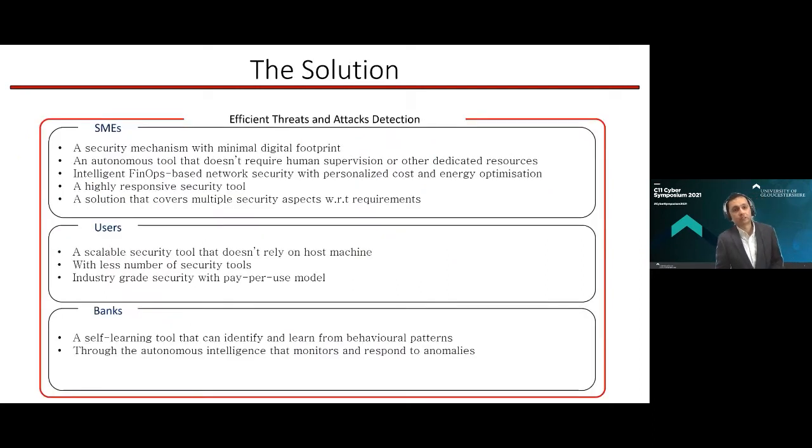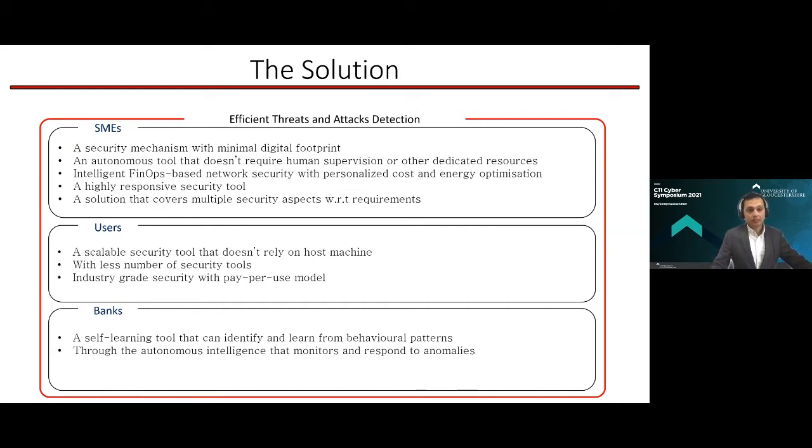So efficient threat and attack detection for SMEs means a security mechanism with minimal digital footprint, an autonomous tool that doesn't require human supervision or other dedicated resources, intelligent FinOps-based network security with personalized cost and energy optimization, a highly responsive security tool, and a solution that covers multiple security aspects with respect to requirements.